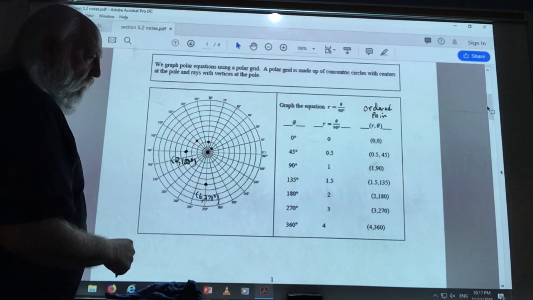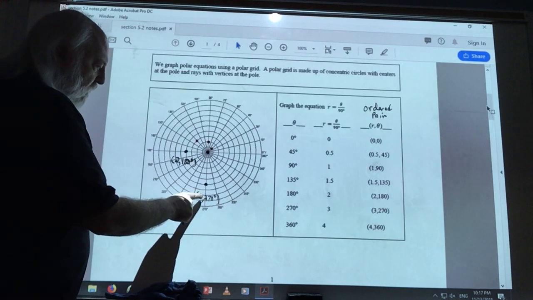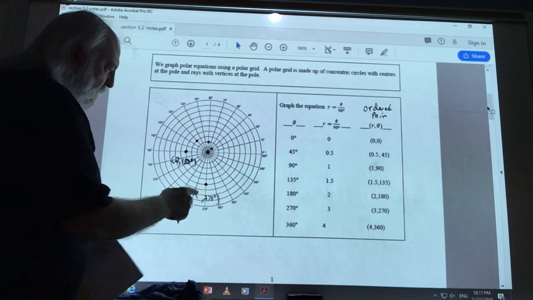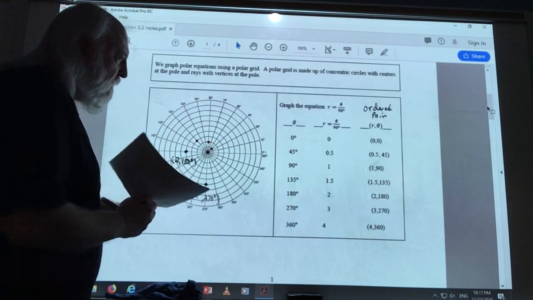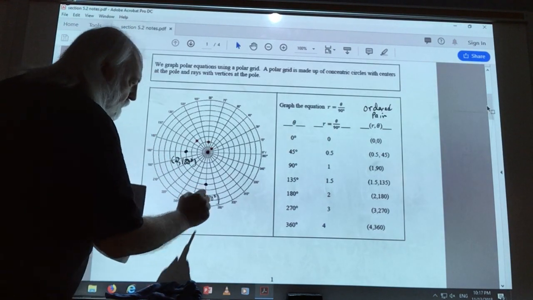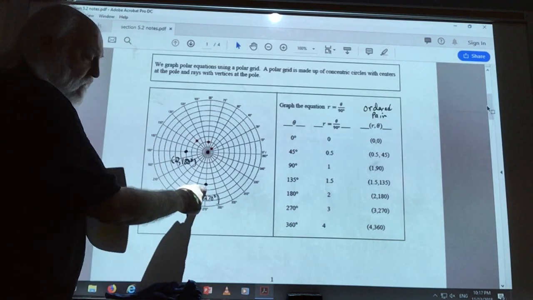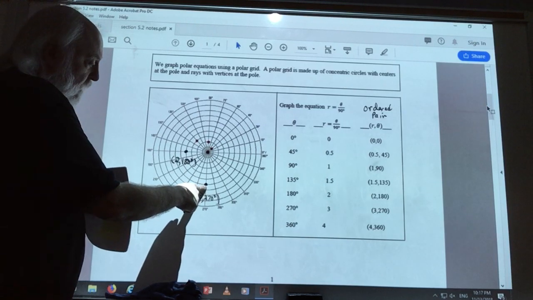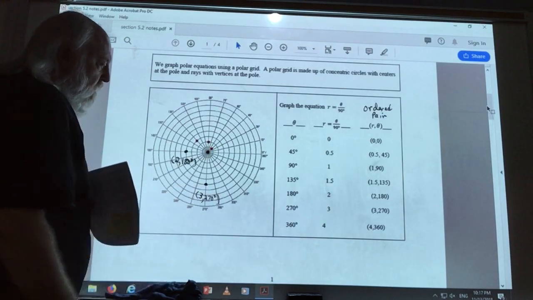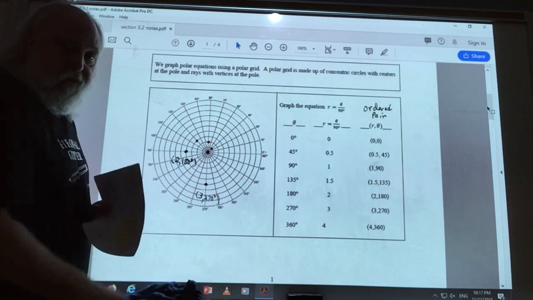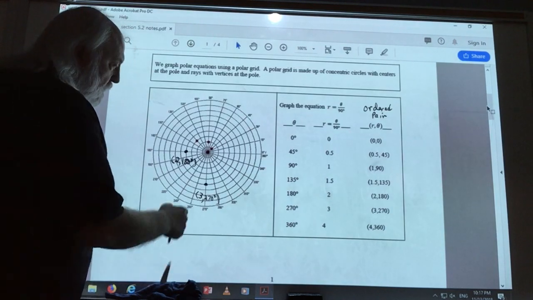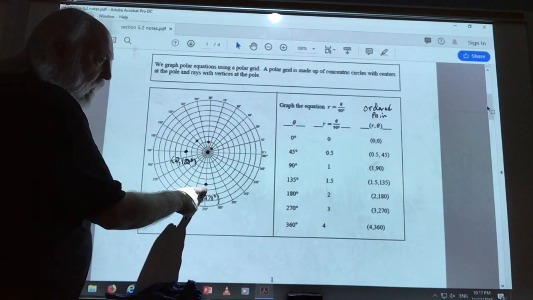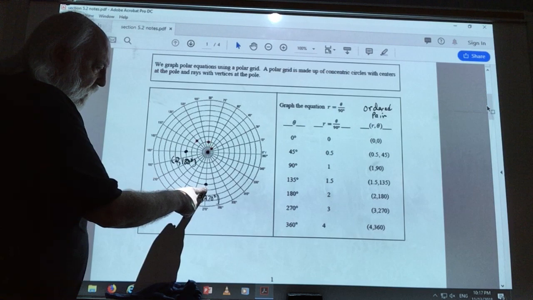For the point (3, 270 degrees), I mislabeled this earlier; it's not supposed to be a 6, that's supposed to be a 3 here. I went out 6 circles, which is 3 units, because the distance between each circle is 1/2 unit. So here's the point (3, 270 degrees).